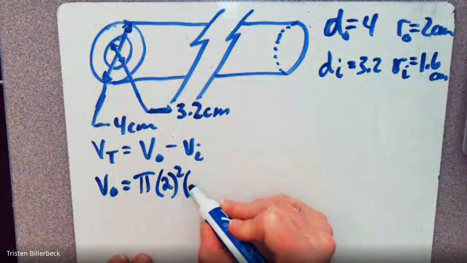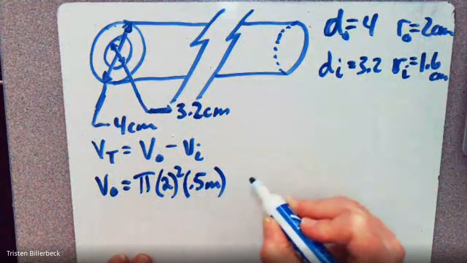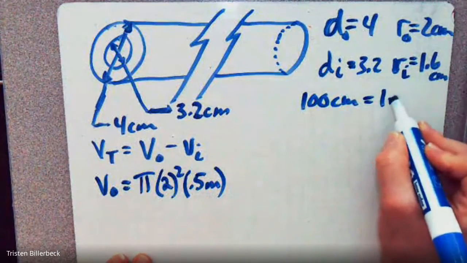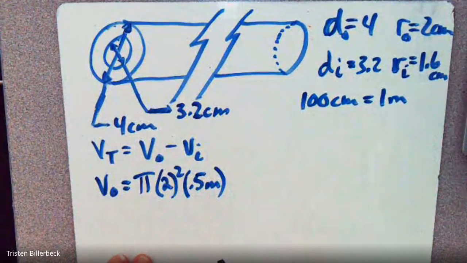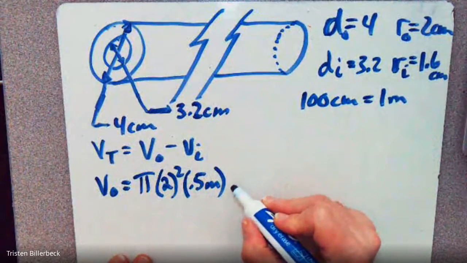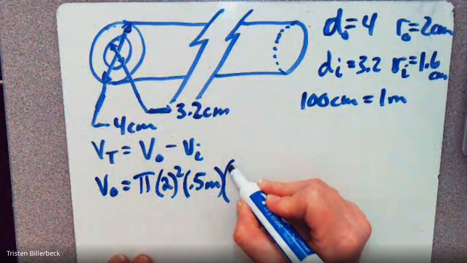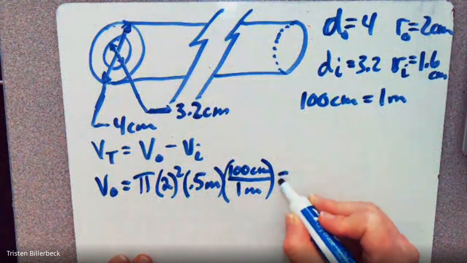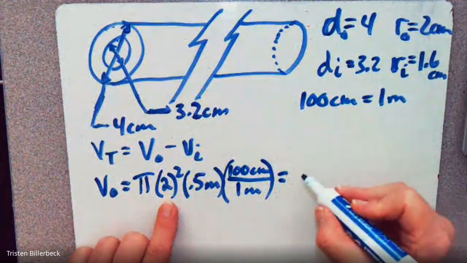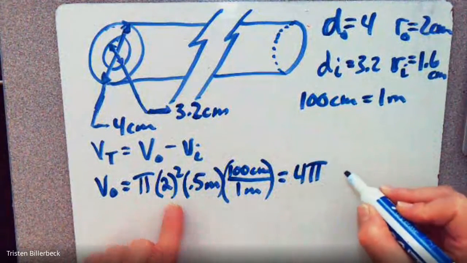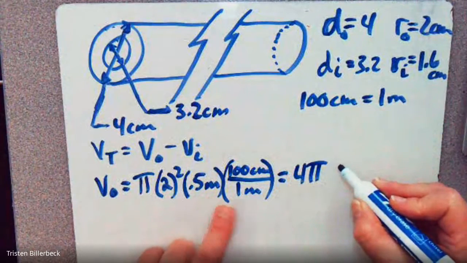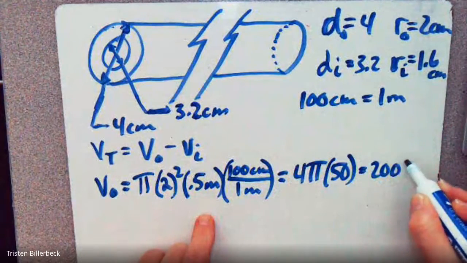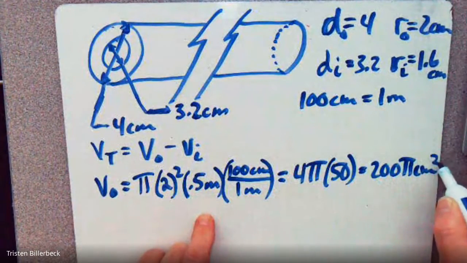And the height was 0.5 meters, but we have 100 centimeters equals 1 meter. So we are going to use a conversion here. So we have 100 centimeters over 1 meter. Okay, so we have 4 here, so 4 pi times, and then when we multiply this out, half of 100 is 50. So we end up with 200 pi centimeters cubed for the outer.